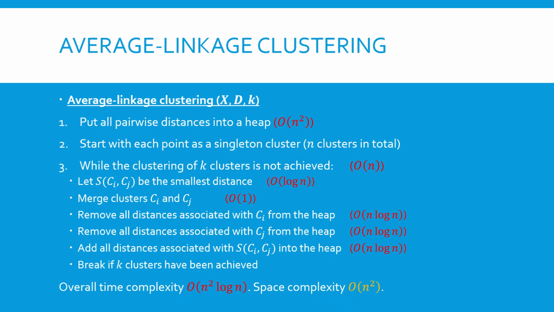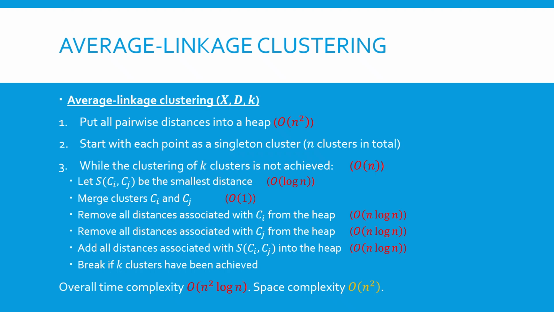In step 3, we iteratively merge clusters. The while loop runs at most n-1 times, since each merge reduces the number of clusters by 1. As discussed before, each merge requires updating all relevant spacings and maintaining the heap.